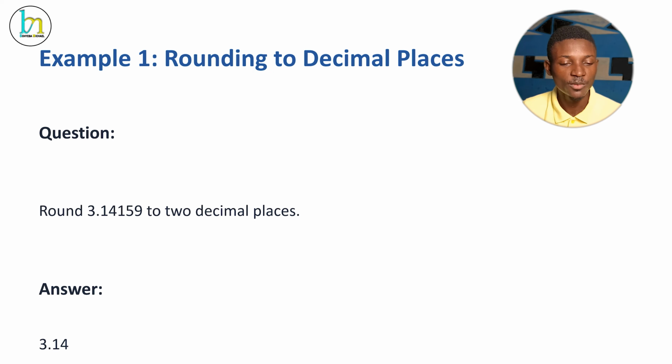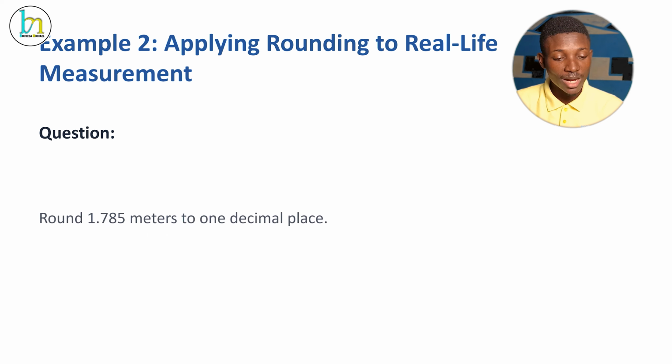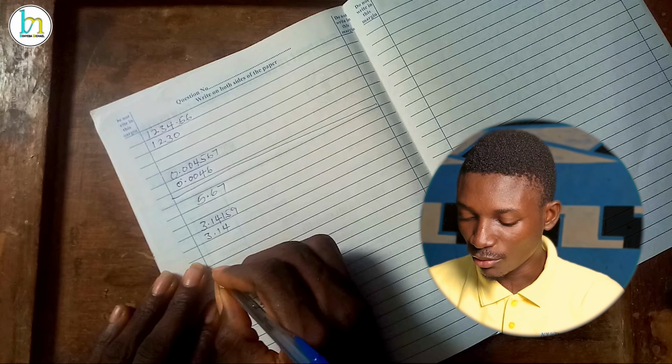All right, let's move to our second example quickly, since our time is limited. We have: round 1.785 meters to 1 decimal place. Let me leave some spaces over here.